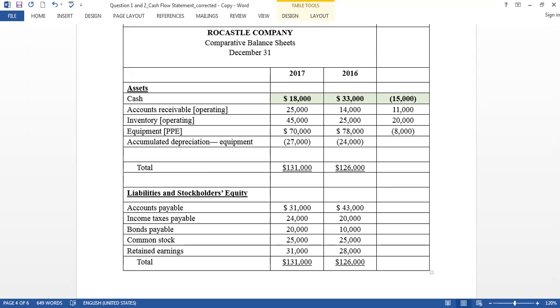And accumulated depreciation, current year is higher, previous year lower, $3,000 increase.